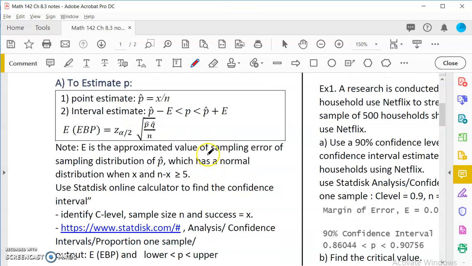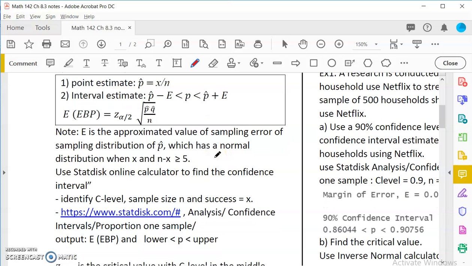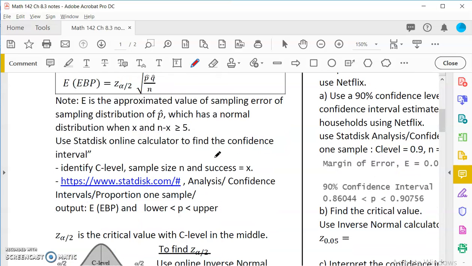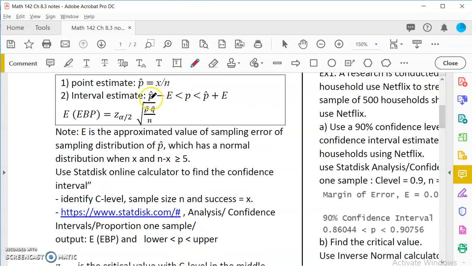Okay, so it is really similar to what we do for population mean, but in this case we are estimating a proportion. For example, estimating what proportion is female, or how many people would vote for a particular candidate, etc. So how do I calculate this lower limit and upper limit? It's very similar to what we have with 8.1.